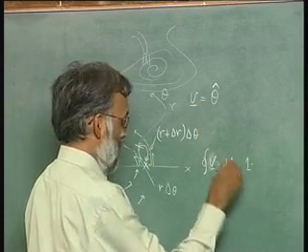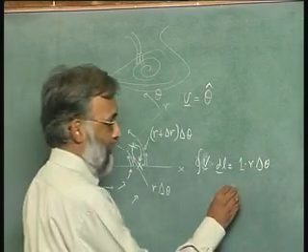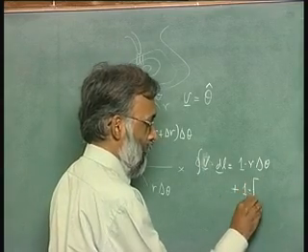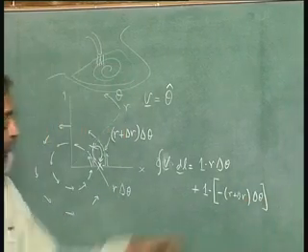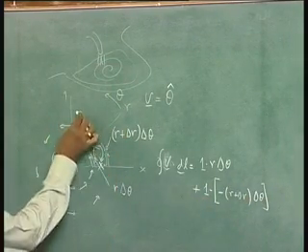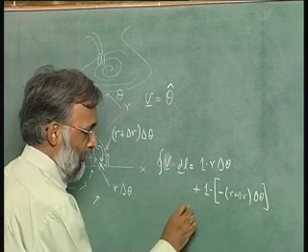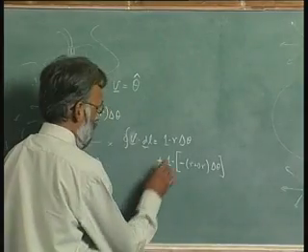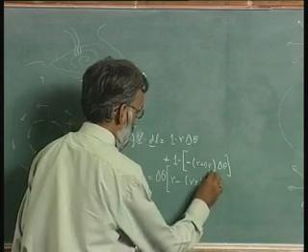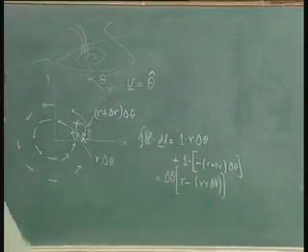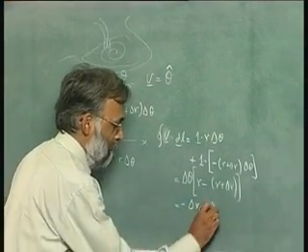So, it is 1 times r delta theta, and there is the other piece which is plus 1 times minus r plus delta r delta theta. The minus sign comes because theta is in this direction, but dl is in the opposite direction. So, I get delta theta times r minus r plus delta r. The r's will cancel. So, I get minus delta r delta theta.